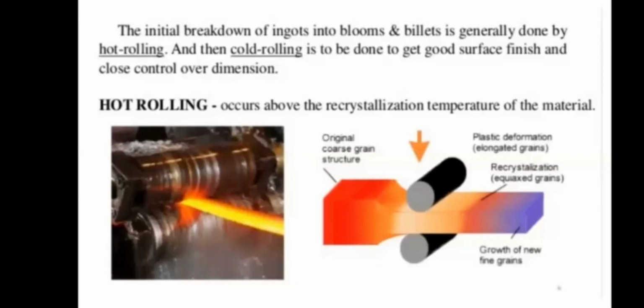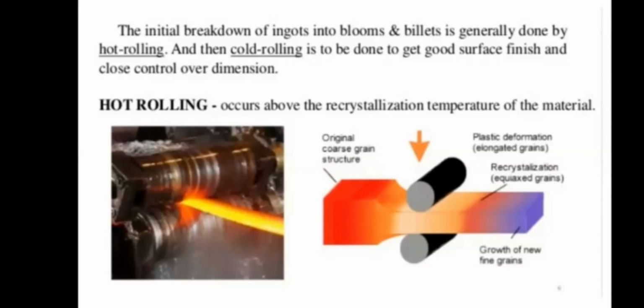Between the rollers, a component is coming out of the roller. The original coarse grain structure will have growth of new grain, and fine equiaxed grains will be obtained as the material comes away from the roller.